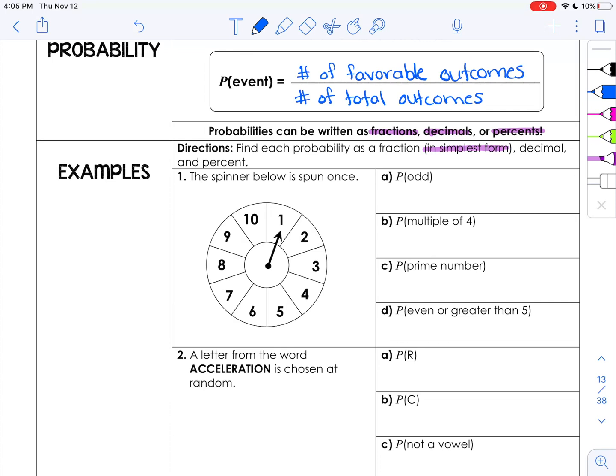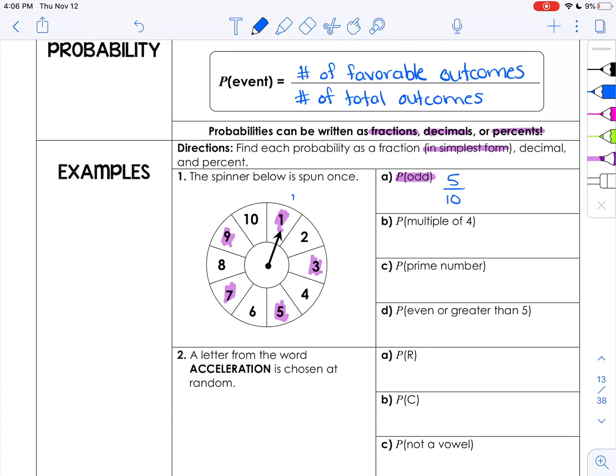First, we want to know the probability of spinning an odd number. So taking a look at the spinner, our odd numbers are 1, 3, 5, 7, and 9. So there are 5 possibilities out of a total of 10 sections.